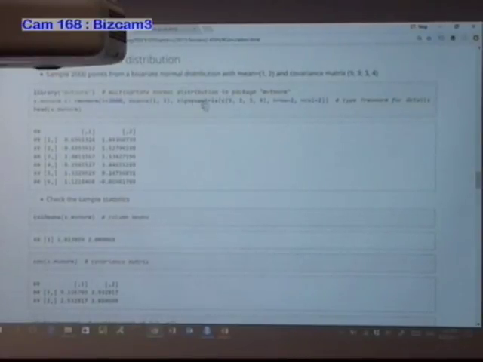And their covariance matrix is also called sigma, but big sigma, is a matrix with four numbers in it, with two rows, two columns. Right? That's the R way of writing a matrix. Write all the numbers and write the shape of this matrix, how many rows and how many columns. So that's 9, 3, 3, 4.